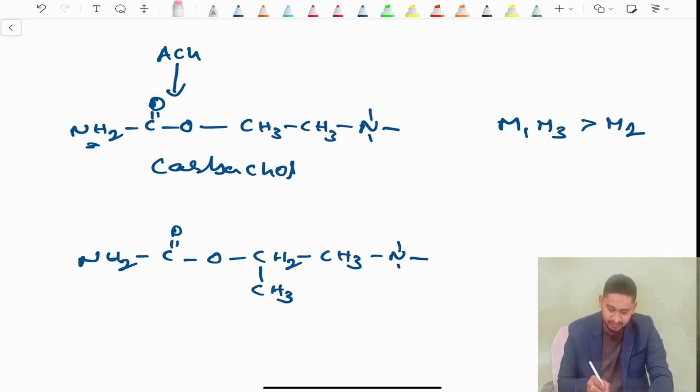This drug, the beta methylated carbamyl group attached to choline, is called bethanechol.